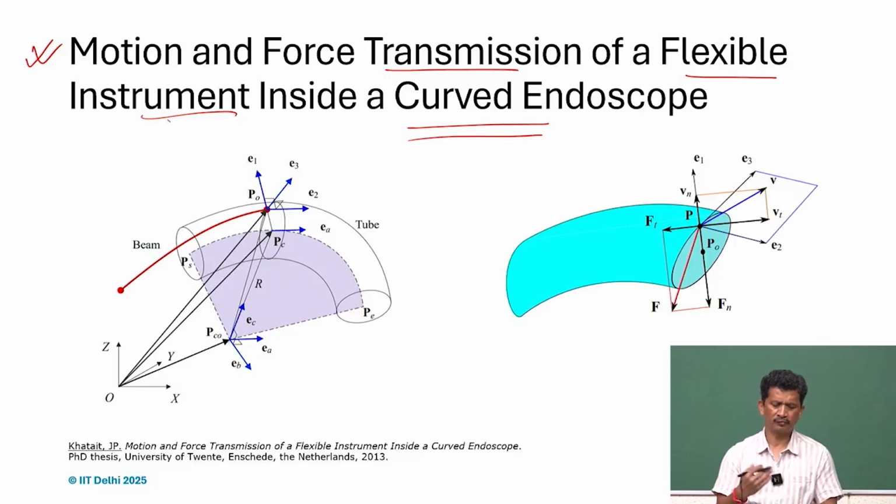So this concept can also be used to design. Here the precision is of a different nature. It's not about reaching micron-level accuracies, but more towards fidelity, the motion and force fidelity. And we'll talk about this in detail in the next lecture.